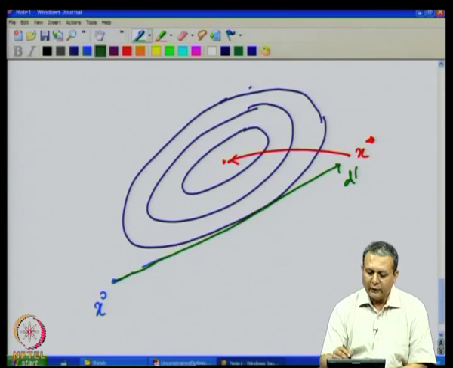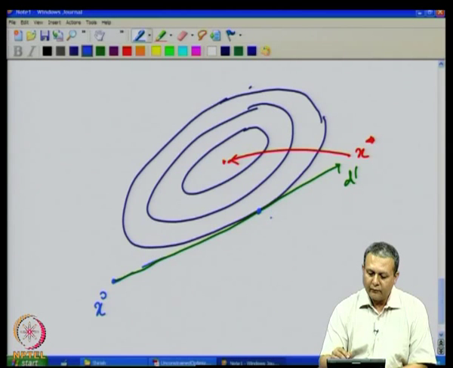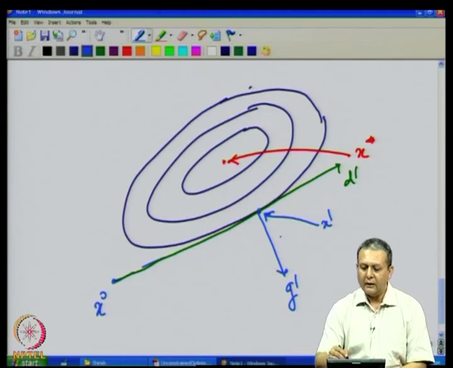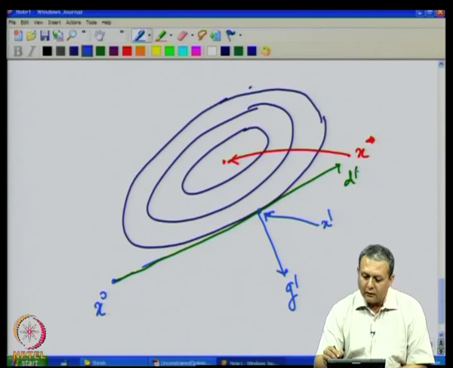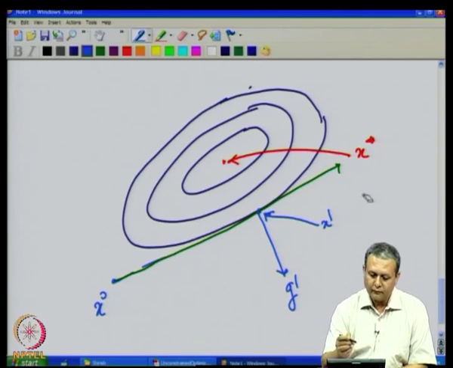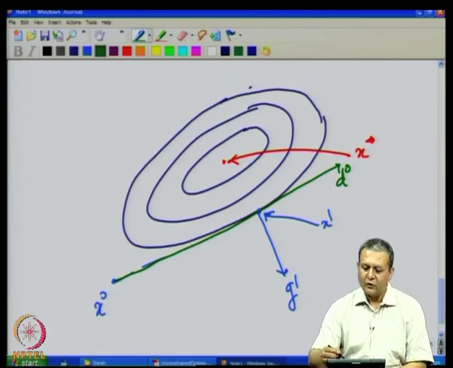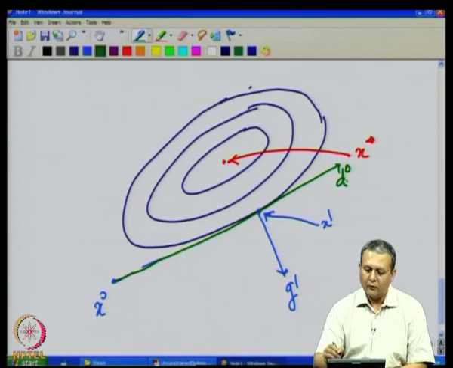So, since we are doing exact line search, what we get is the point x1 to be this point, and the g1, the gradient at x1, is this. So, you will see that g1 is orthogonal to d0.